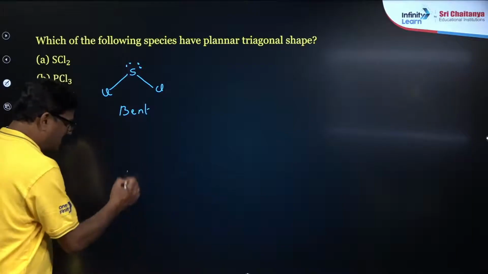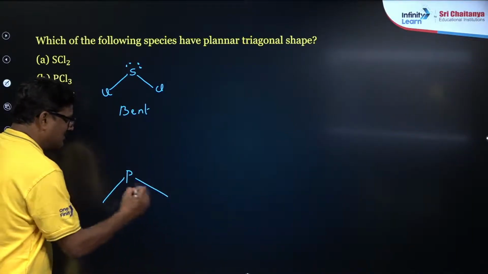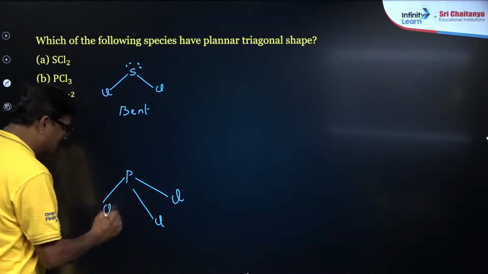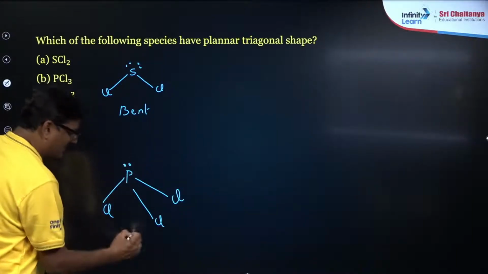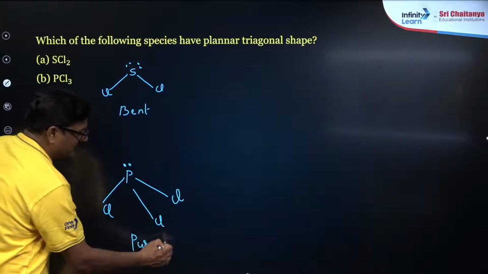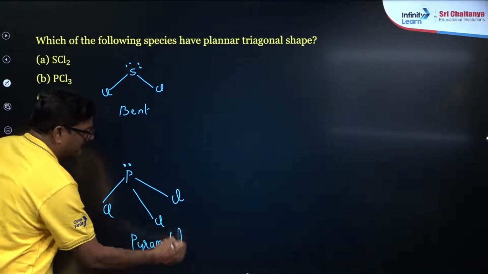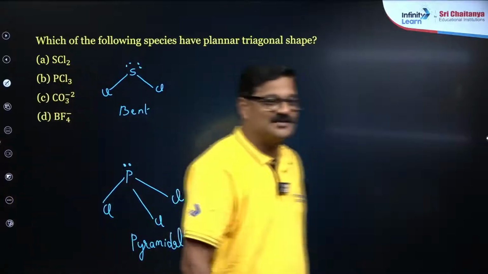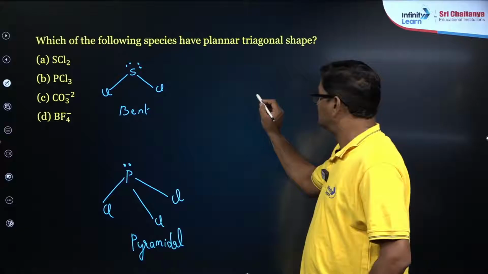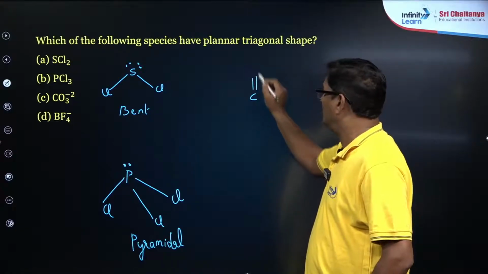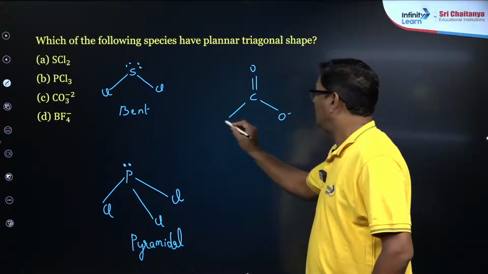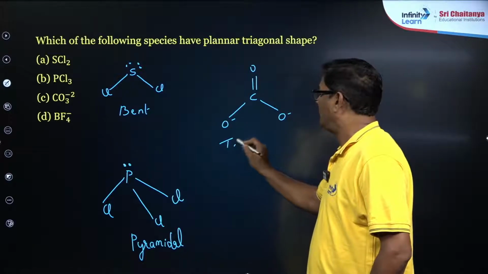PCl3, phosphorus, and it is chlorine, and it is chlorine, and it has a lone pair of electrons. This is pyramidal. Okay? And also you are having CO3 2 minus. This is going to be C double bond O and O minus and O minus, and it is going to be trigonal planar.